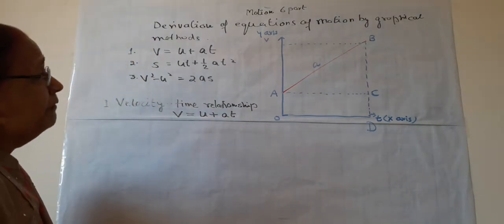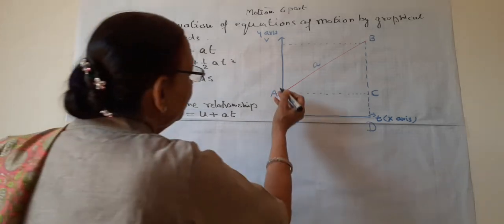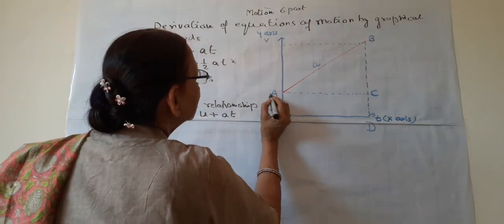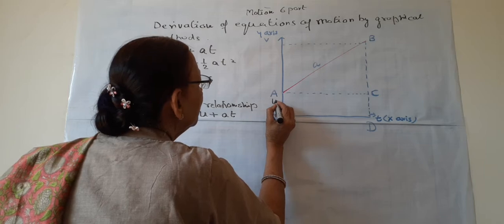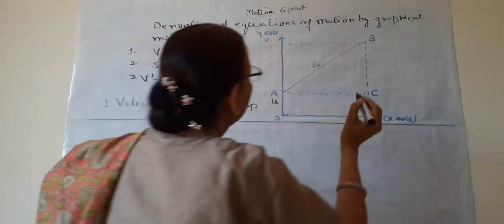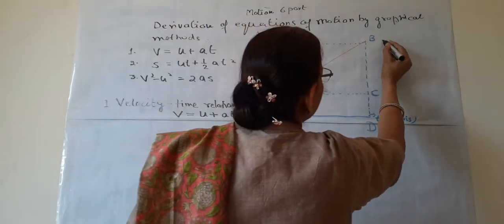How will we derive? First, we see here, this is from point A, initial velocity u is here, and this is the final velocity.